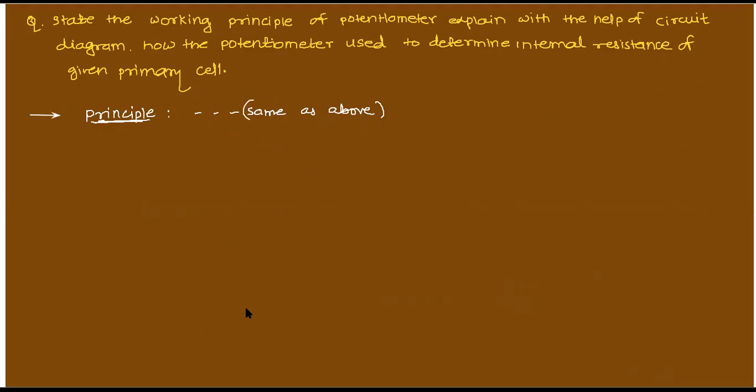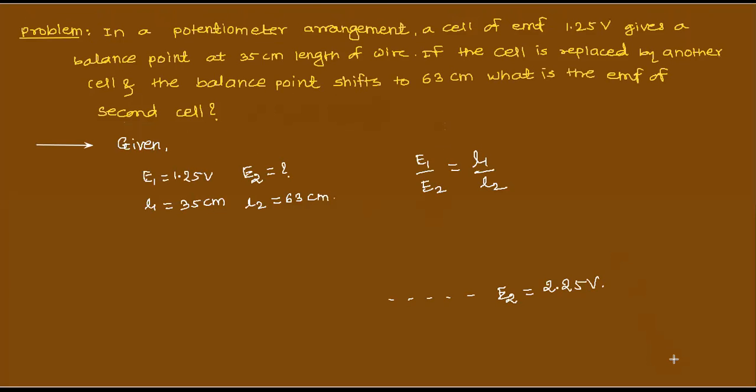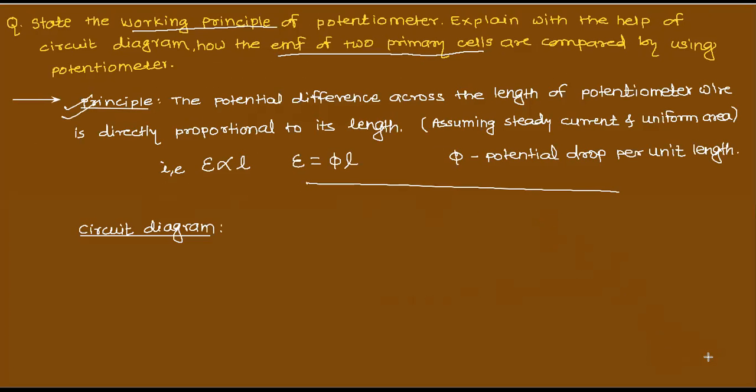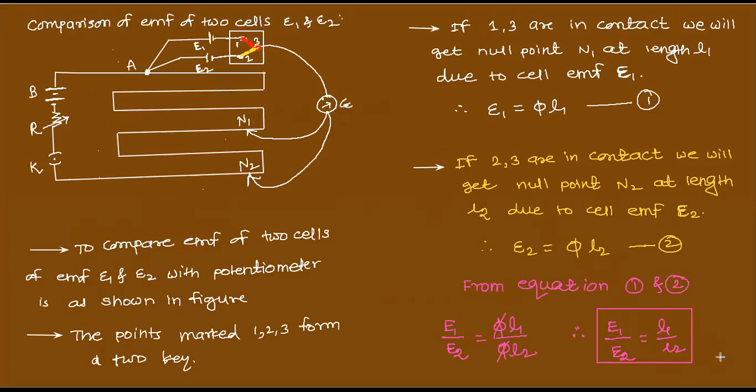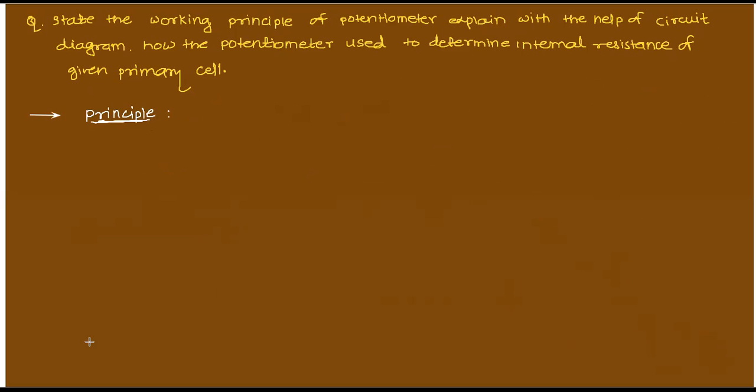Write it out, or else if you want, shall I write? Sometimes in the exam you write like that only, "same as above," thinking sir wrote in the notebook like that only. So this is not good, right?